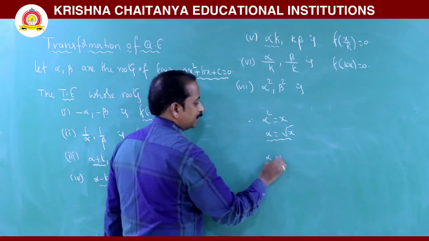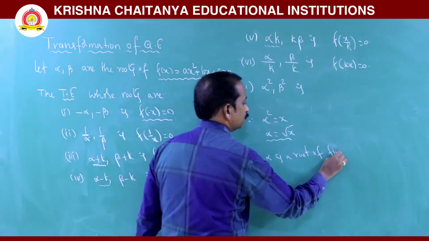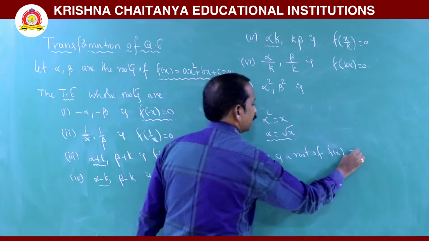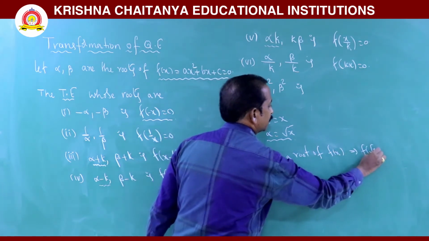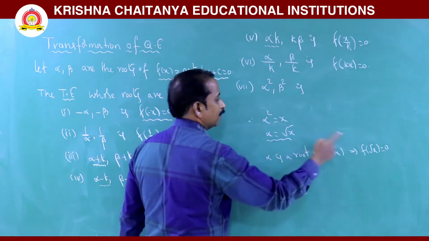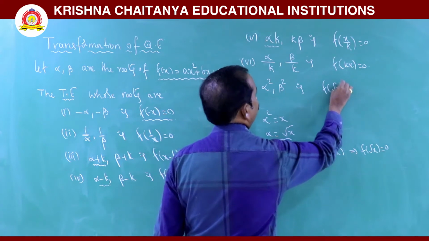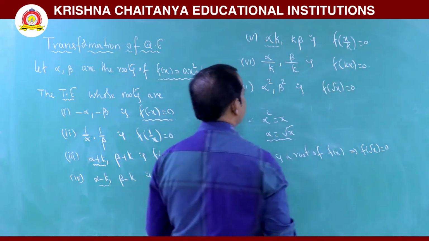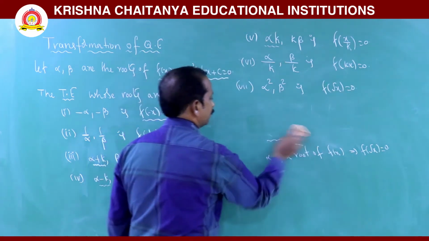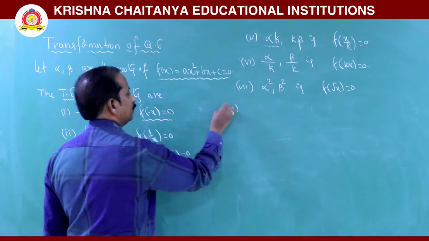So alpha is a root of f of x is equal to 0, which means f of root x is equal to 0, that is, f of alpha is equal to 0 with alpha being root x. It is nothing but f of root x is equal to 0. Next, in a similar manner we can write the transformed equation directly.